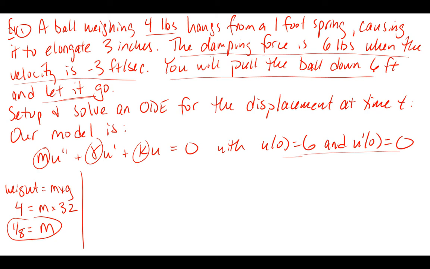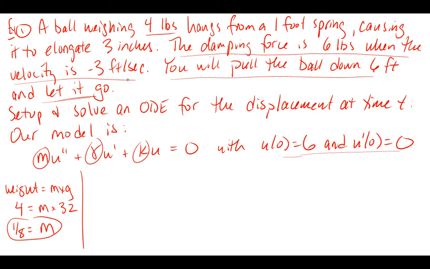Now, in real life, it's impossible to have no drag or no damping, because everything that moves through something, unless you're in outer space, has some drag. But sometimes we like to solve problems to make our lives a little easier. We relax one of these things. So if you see no information about damping, assume gamma is 0. Okay, but I do see something about damping. It says the force due to damping is 6 when the velocity is -3.